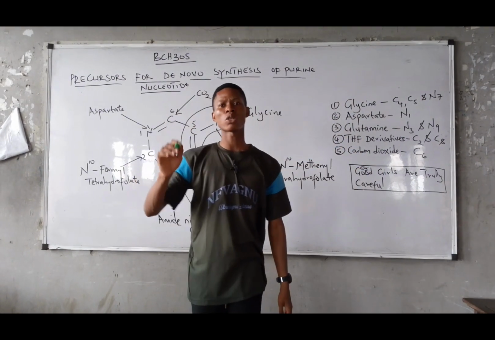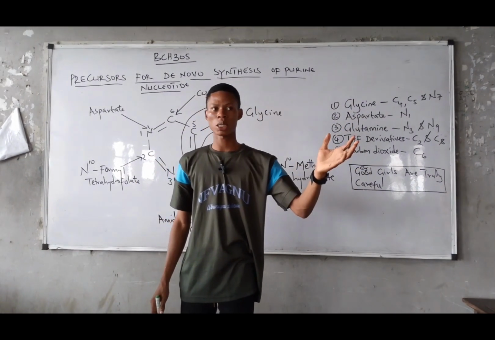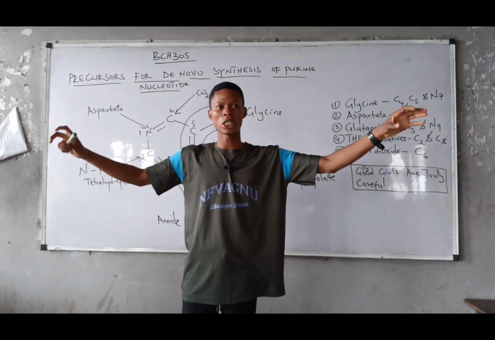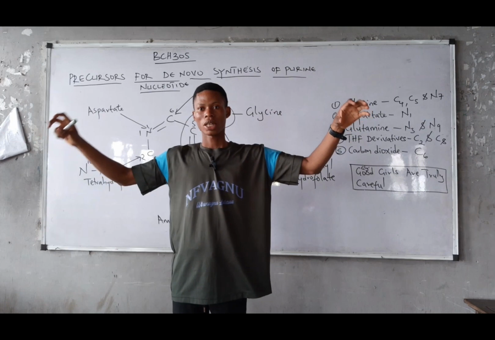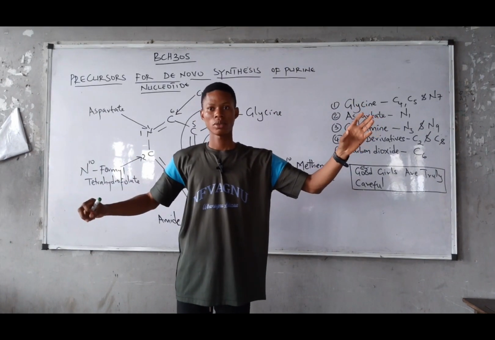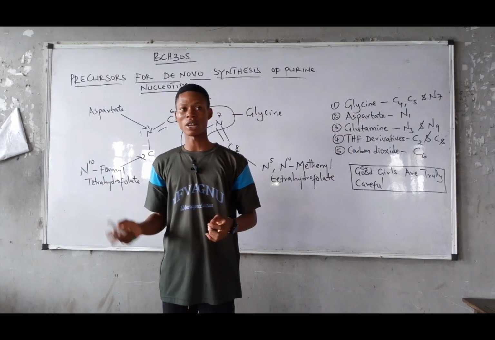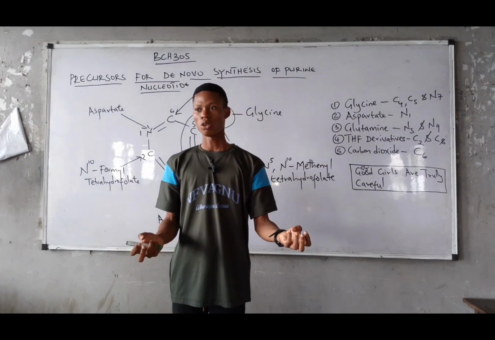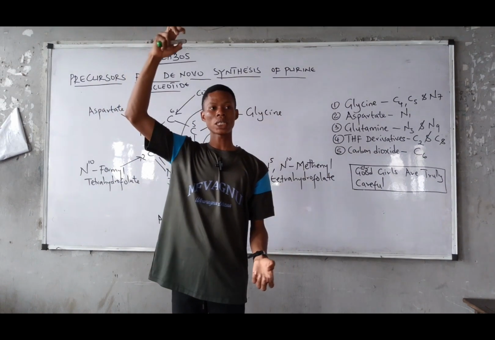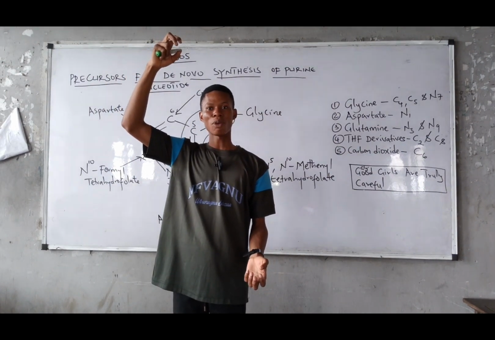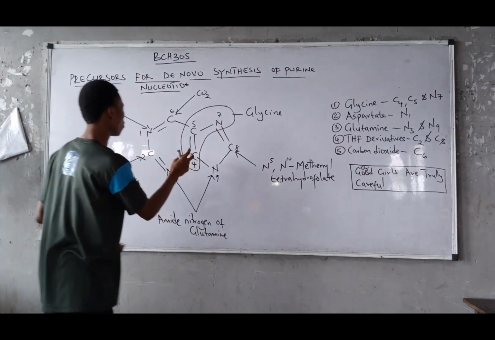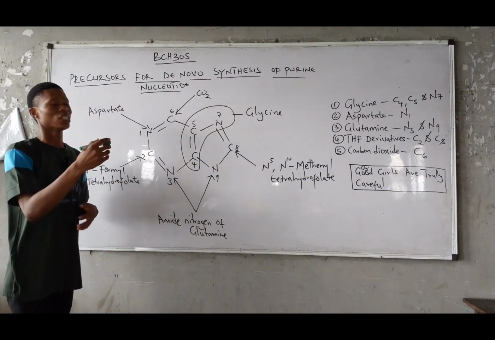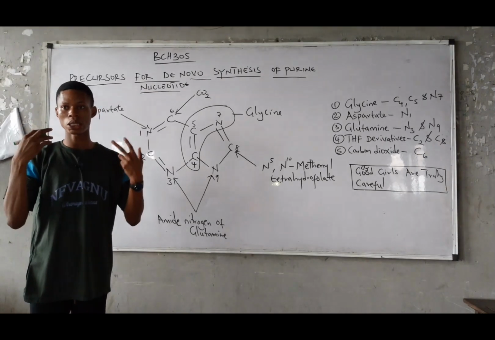If you forget everything we've said, don't forget that aspartate provides nitrogen 1. Carbon 2 and carbon 8 are from the tetrahydrofolate derivative, right? Nitrogen 3, nitrogen 9, glutamine. Carbon 6, carbon dioxide. Now, carbon 4, 5, and nitrogen 7 are from glycine. The more you use it, the more it sticks.